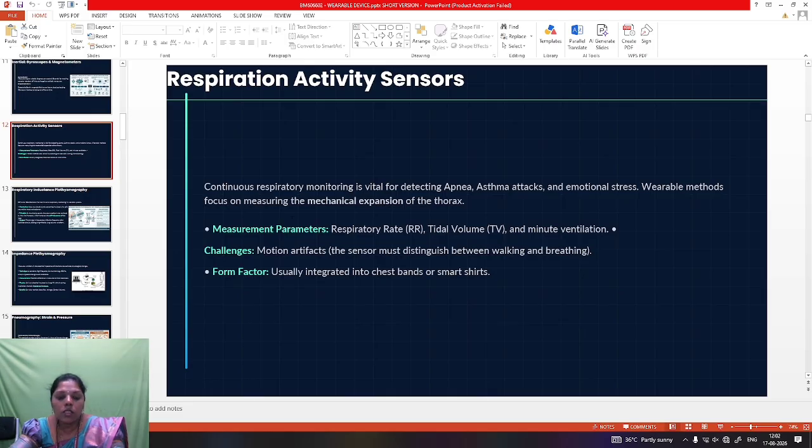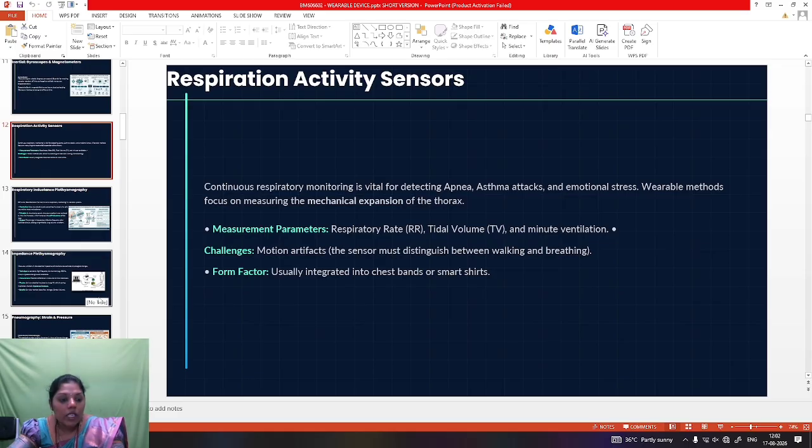Wearable methods focus on measuring the mechanical expansions of the thorax. Measurement parameters: respiratory rate, tidal volume and minute ventilation. Challenges: motion artifact, form factor usually integrated into chest fans or smart shirt.